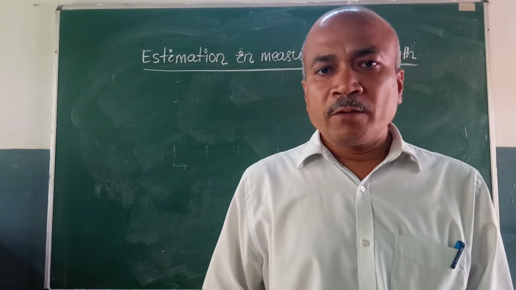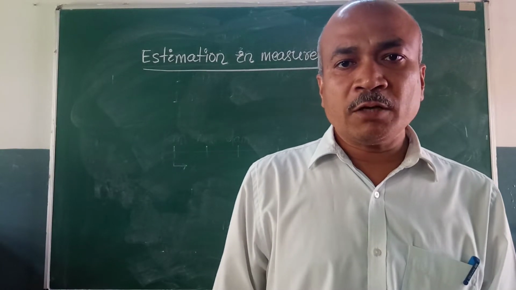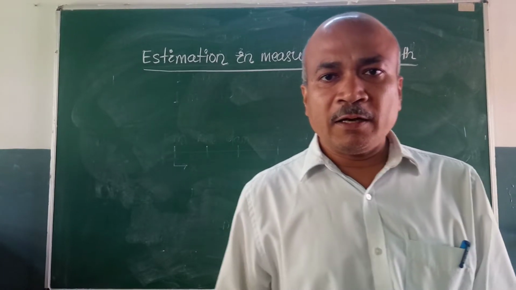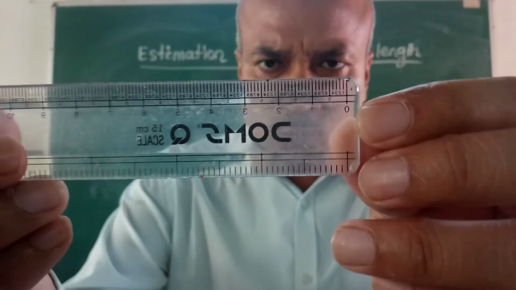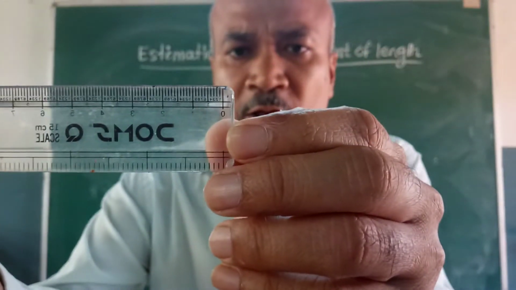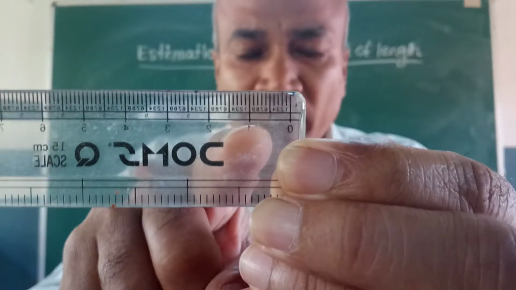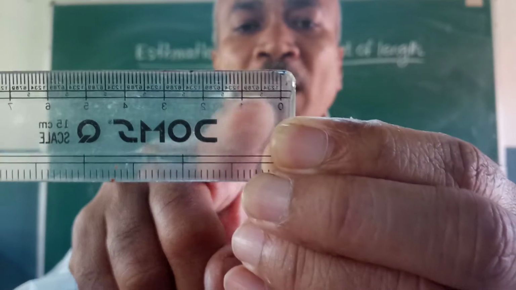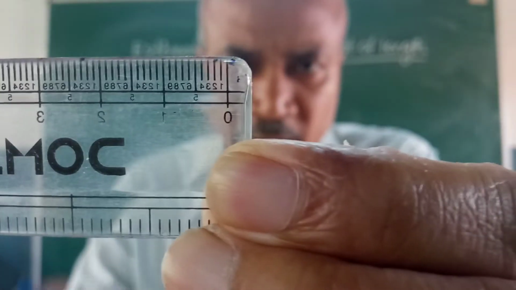Now in the first video I have shown you the ruler or the scale, and I have explained to you that now you look to this scale. Here you can find from this point to this point is 1 centimeter. Is it visible to you clearly?